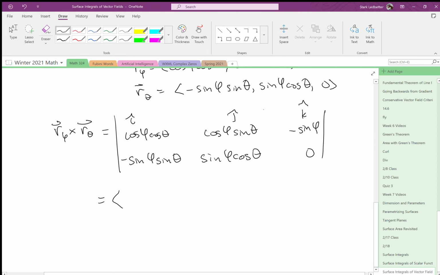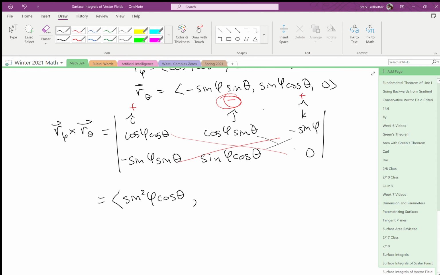Okay, calculating that, let's see, this is 0 minus negative, so positive sine squared phi cosine theta, comma, and then remember we have this plus minus plus here, so here's the minus. We're going here, 0 minus negative, negative, and then there's this minus here, so total of positive. We have sine squared phi sine theta.